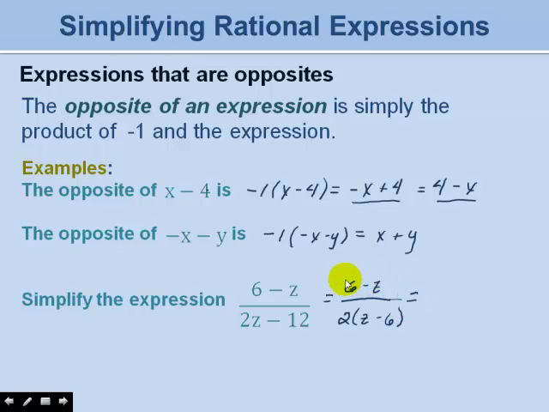So let's rewrite this one as -z plus 6. And then if we rewrite it again, if we pull that -1 out to the front, like how we had here, then that would give us -1 times z minus 6.